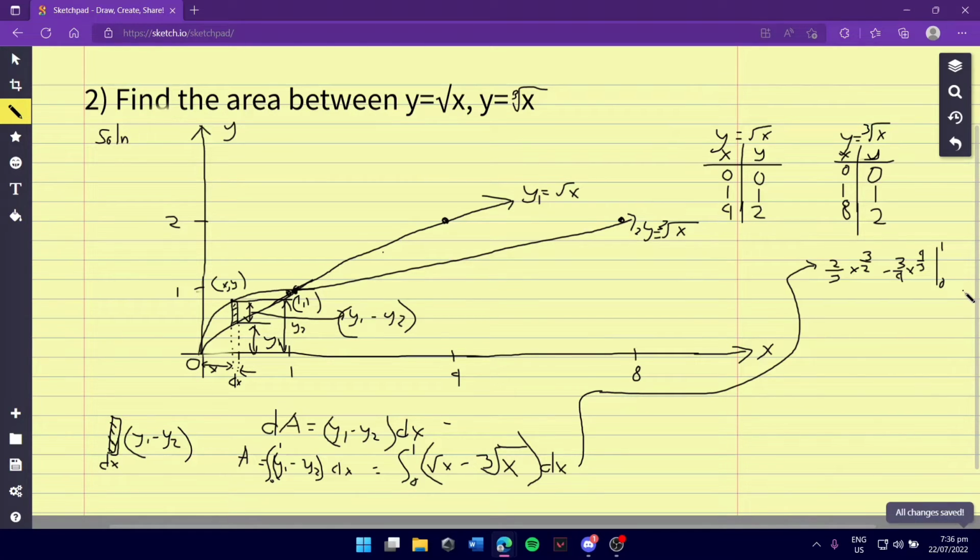So now we will distribute the value of x to the limit to our x. So 1 here, we'll multiply it by 1.